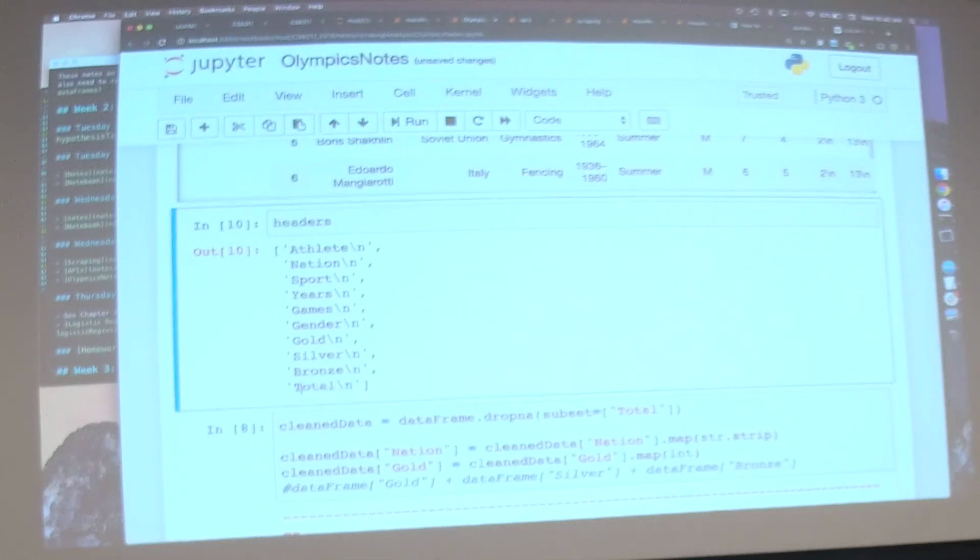Oh. So it looks like I have a whole bunch of extra new line characters in all these titles. That's going to be obnoxious.